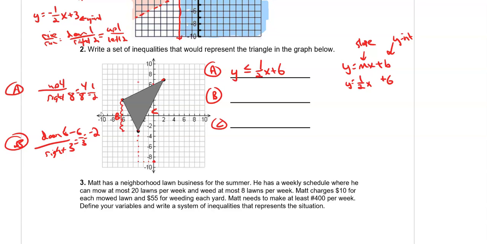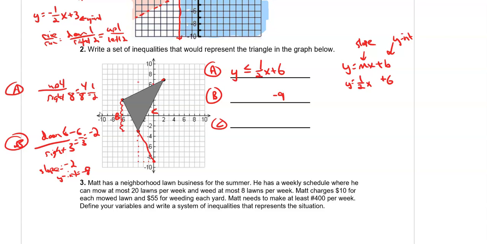So I'm going to continue that line so I can see where it hits the y-axis. It's at -9, right? So the y-intercept is at -9, and the slope is -2. So for B, the slope is -2, and the y-intercept is -9.